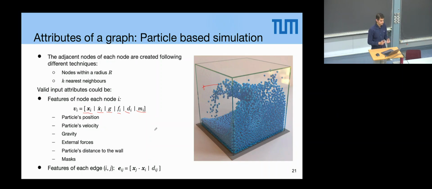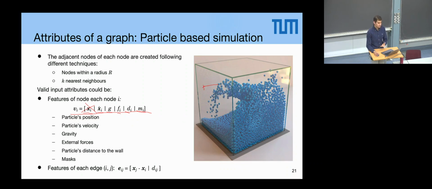If we have two substances, we can have the value in the mask equal to 1 if the node belongs to substance 1, and the mask equal to 0 if the node belongs to substance number 2. These are just possible input features. I'm not saying that this is the best selection. We'll see later that we don't want to have the absolute coordinates of the node.